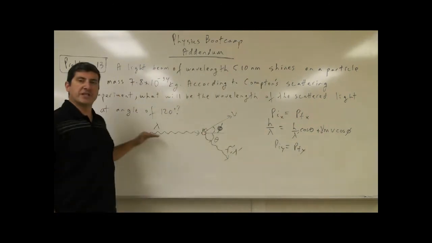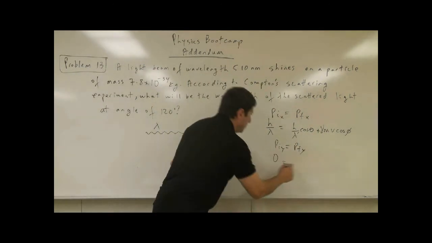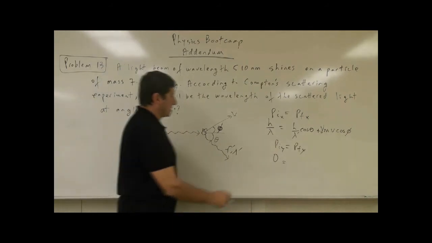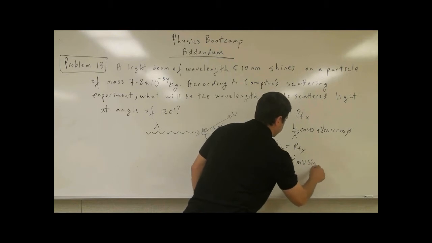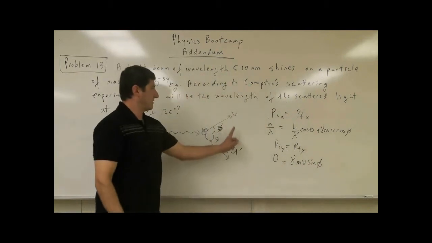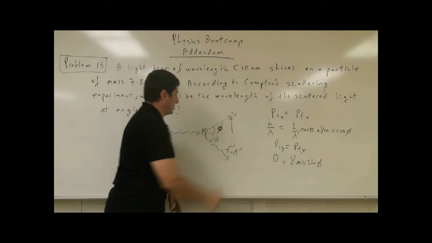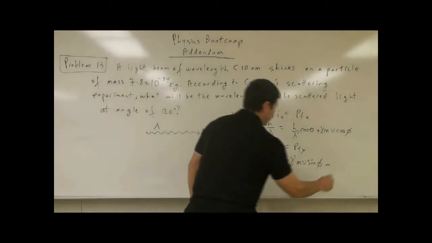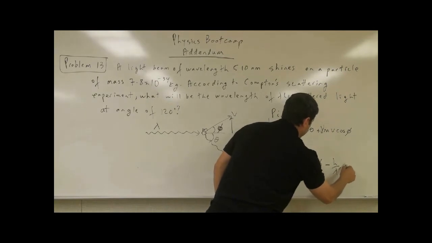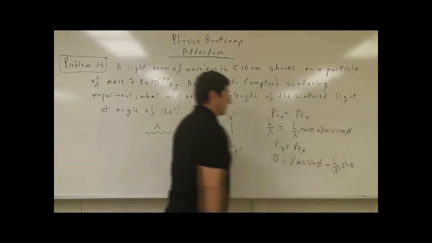The initial y momentum is 0. The momentum of the particle is going to be gamma mv sine of phi. That's in the vertical direction. And then the vertical momentum of the light is negative h over lambda prime sine of theta.